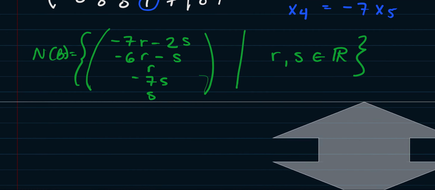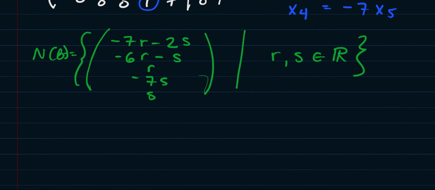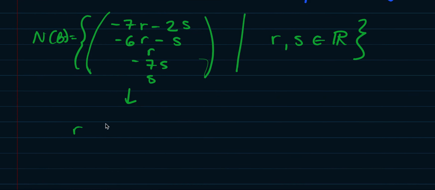What is a spanning set? Well, notice that this right here is the same thing as R times -7, -6, 1, let me make this a little bit bigger, -7, -6, 1, -7, 0. This is an S here.